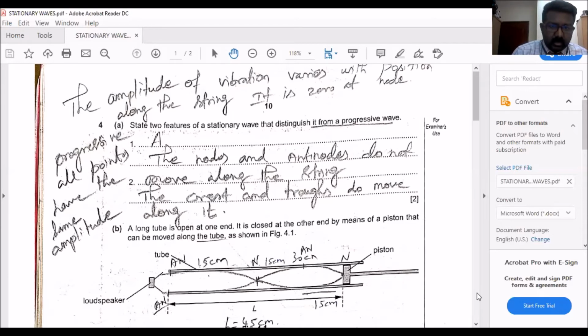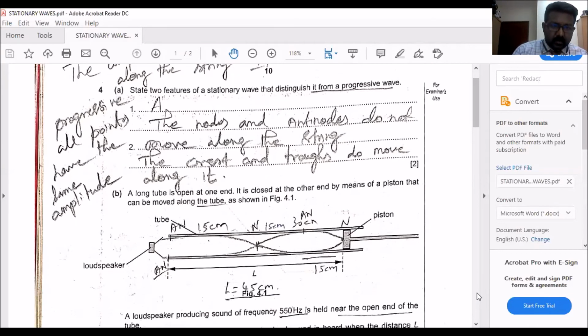It is noted here, the nodes and antinodes do not move along the string for a stationary wave. The crests and troughs do move along it for a progressive wave. Also note that in a progressive wave, all points have the same amplitude, but for a stationary wave, the amplitude of vibration varies with the position along the string, and it is zero at the node point.